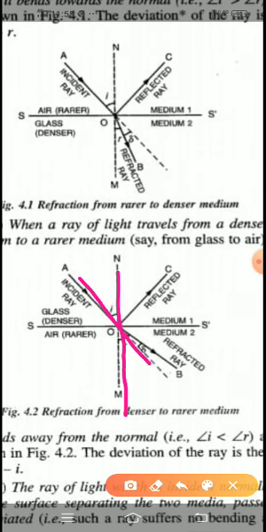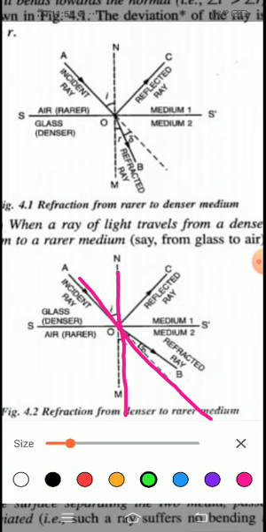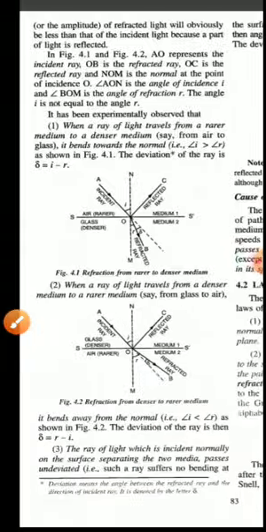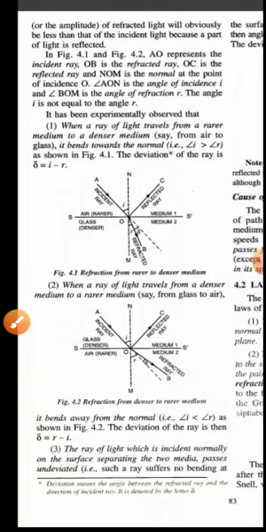Instead of coming along this path, the light started to move in a different direction. So this is your refracted ray. Here I can see it is moving away from my normal. Can you see? If this is my normal line, your ray has moved away from the normal. So angle R, your refracted angle, will be greater than I. So in this case, the deviation formula is R minus I.